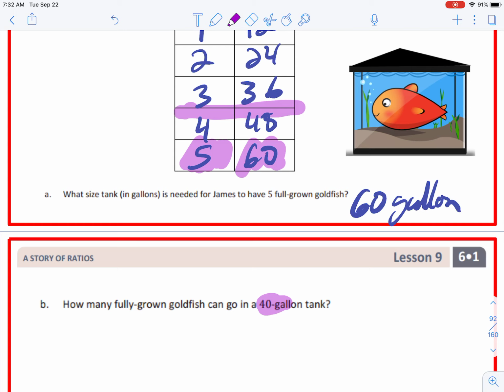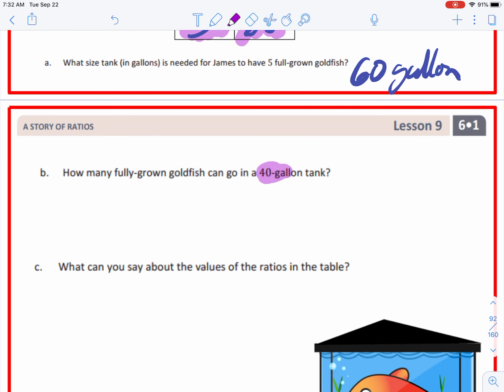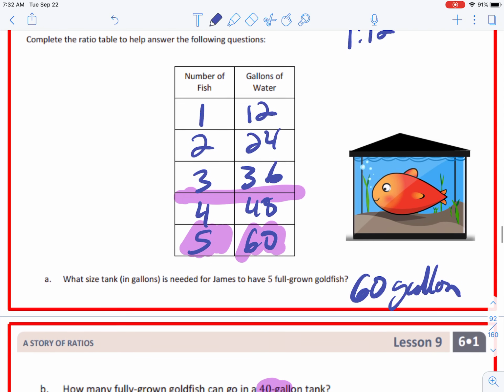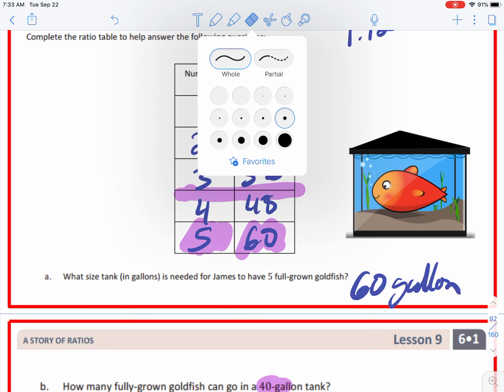So 4 needs 48 gallons of water. So in a 40-gallon tank, only 3 full-grown goldfish can survive, because it's a little bit higher than 36, but it's not there quite yet, so it can't be 4.